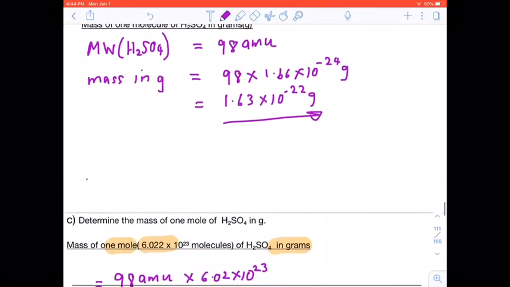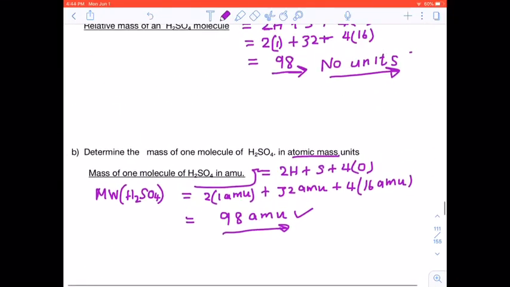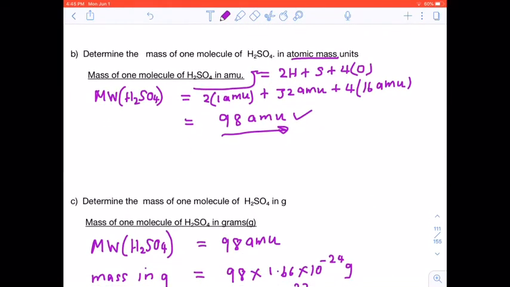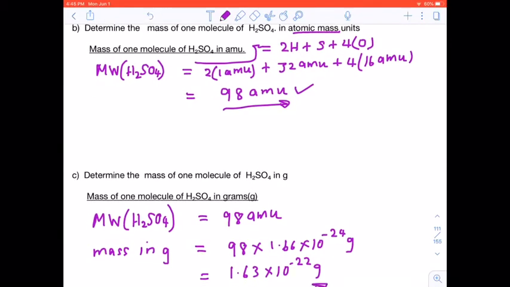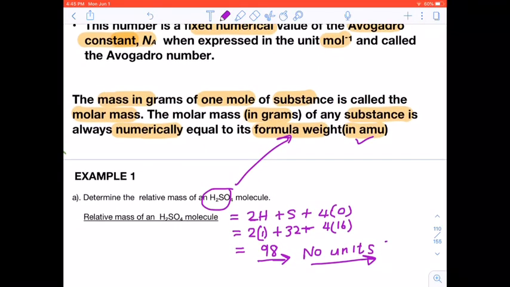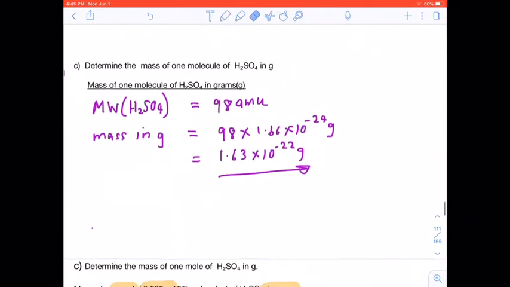If we know the relative mass, which is 98, the mass of 1 molecule is 98 AMU, so what if I want to know the mass of 1 mole of a substance? I said the molar mass in grams of any substance is always numerically equal to the formula weight in AMU. And they have illustrated that point. So here you have it.